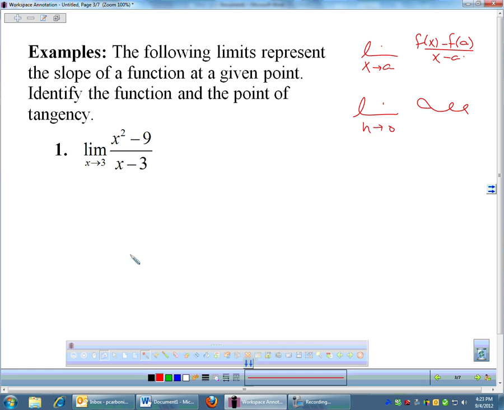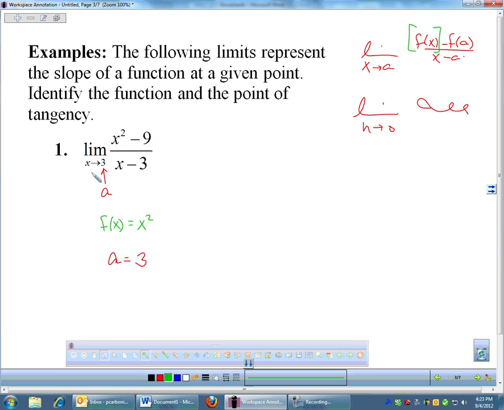And the beauty of this is when it's in this form, a, the point of tangency, is staring you in the face. So we know we're finding the tangent at some x coordinate of 3, and then we just need to find out what the function is, and that's pretty easy too, because in the numerator, the first piece is also the function. So my function is f of x equals x squared.